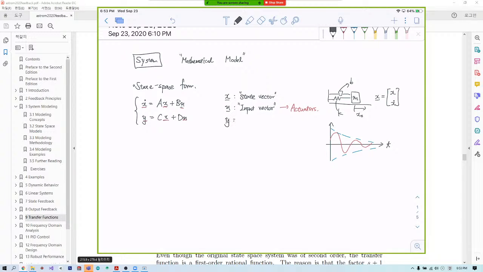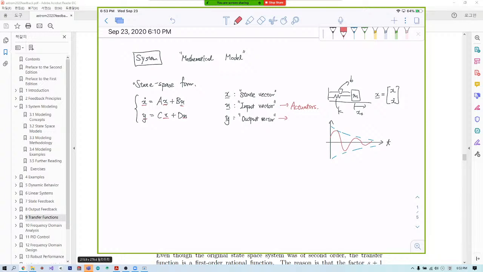And y is the output vector. This is what we want to control. Let me put it this way: u is something that we can control, and y is something that we want to control.